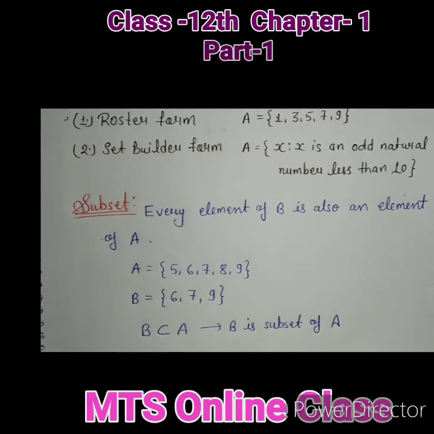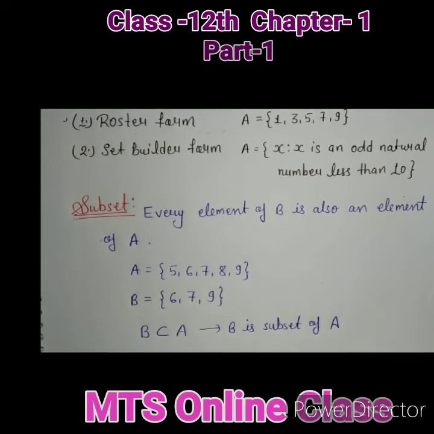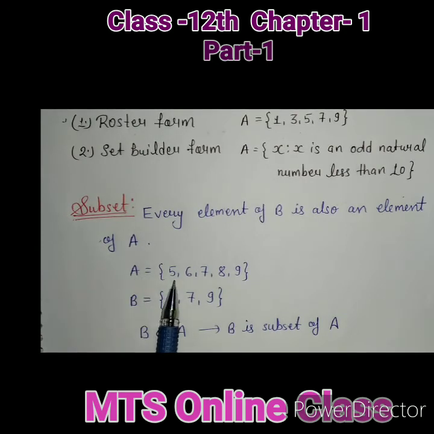Next, we have subset. Subset relates two sets, so we need two sets here. Like we take A is equal to {5, 6, 7, 8, 9} and B is equal to {6, 7, 9}.